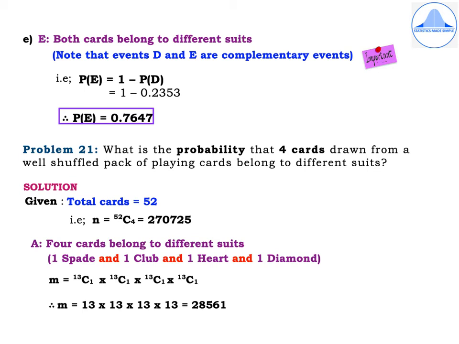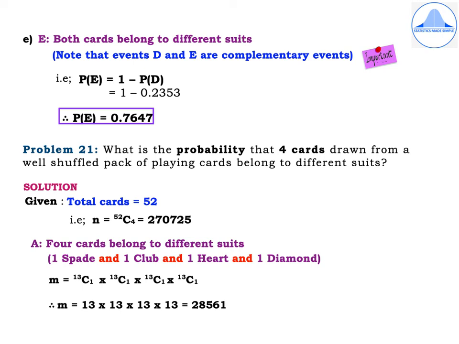So D and E are complementary events, and we apply the complementary probability formula, which is P of A dash is equal to 1 minus P of A, and in this case we'll have P of E is equal to 1 minus P of D, which is equal to 1 minus 0.2353. Therefore, P of E is equal to 0.7647.